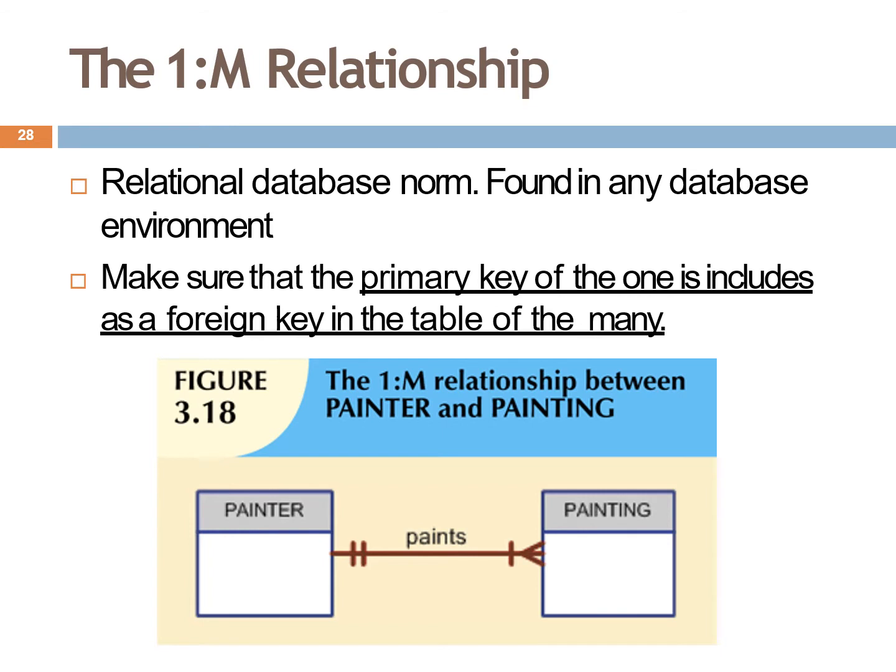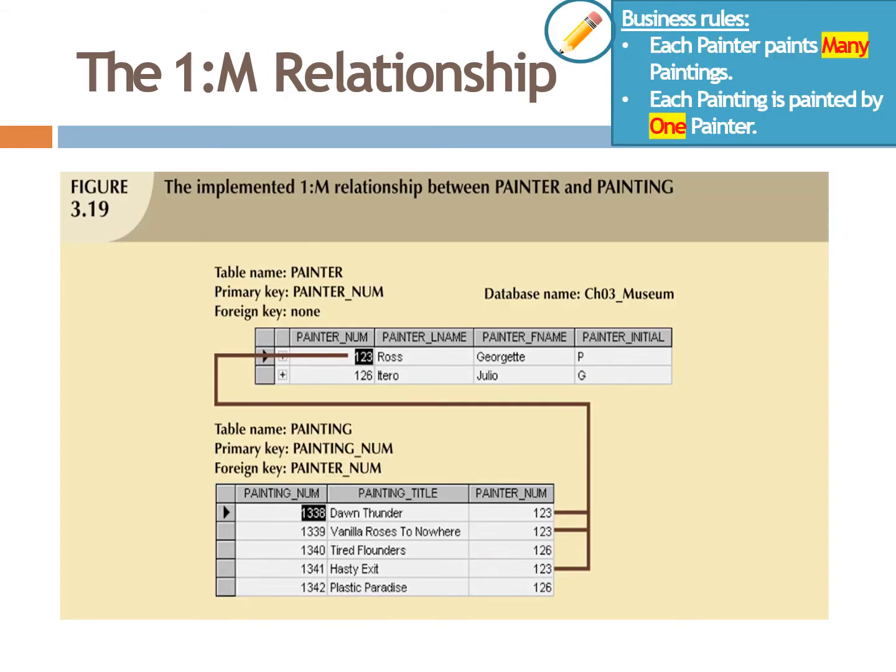Okay, here we look at one-to-many relationship. Okay, this is a relationship between painter and painting. If we look at this example, we can say that the business rule for this relationship between painter and painting, each painter paints many paintings.